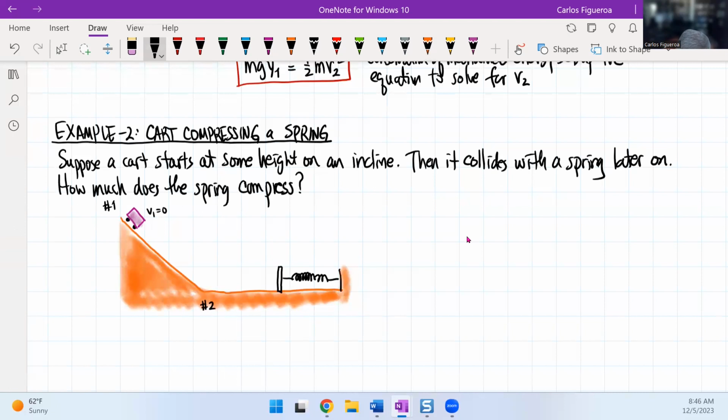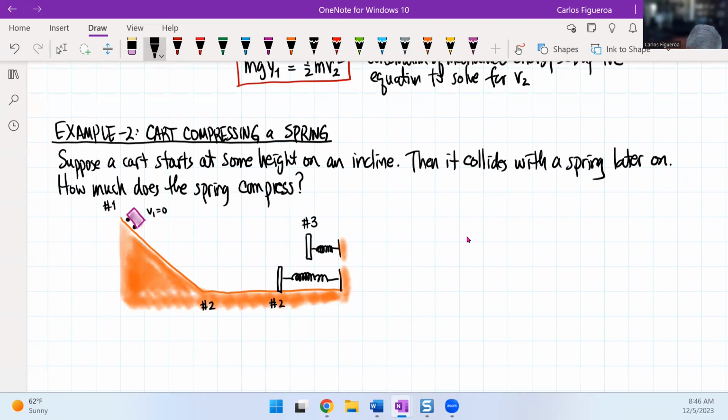And then I'm going to call this guy over here, believe it or not, state 2 as well. And then there's going to be a state 3 because there's going to be a compression. In other words, at some point, I have to compress the spring here. And as I compress it, I'm going to call this state 3.